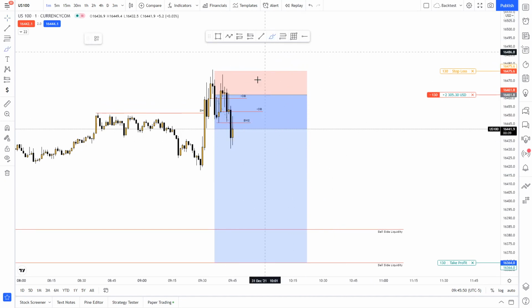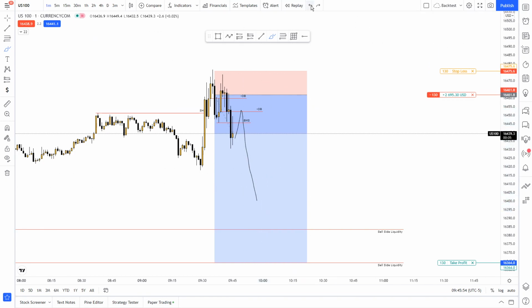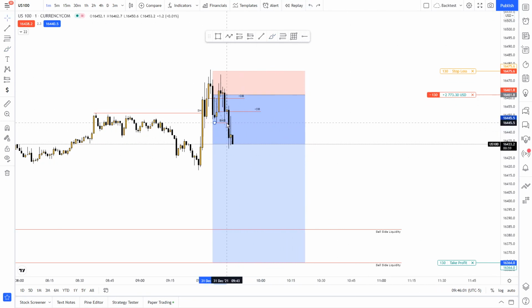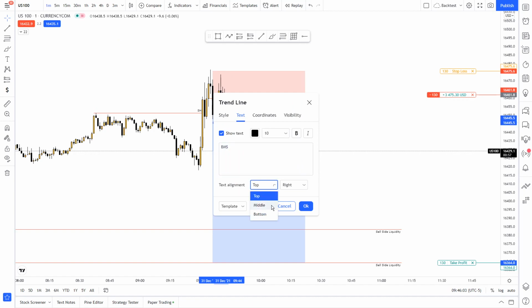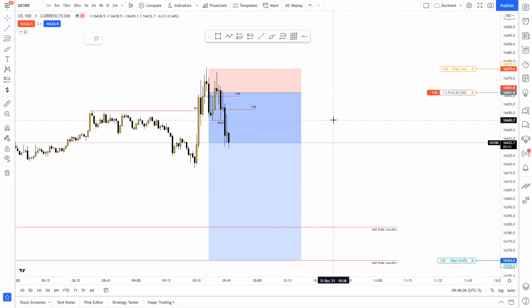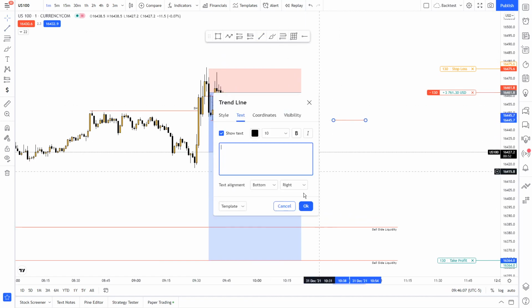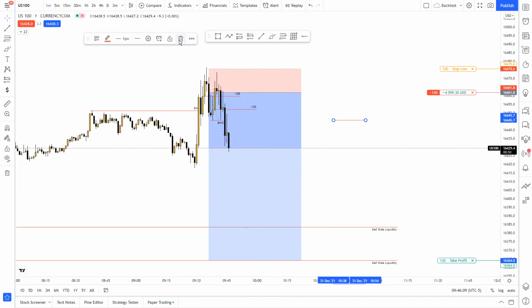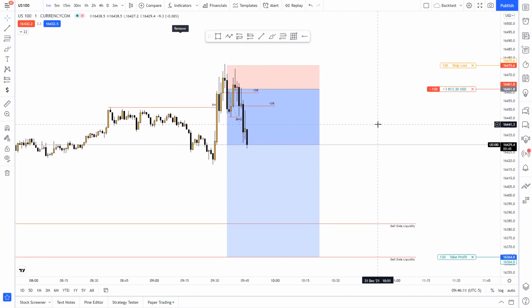So we could see price potentially coming up here and then just falling, or we shall just see price fall from this area right here.